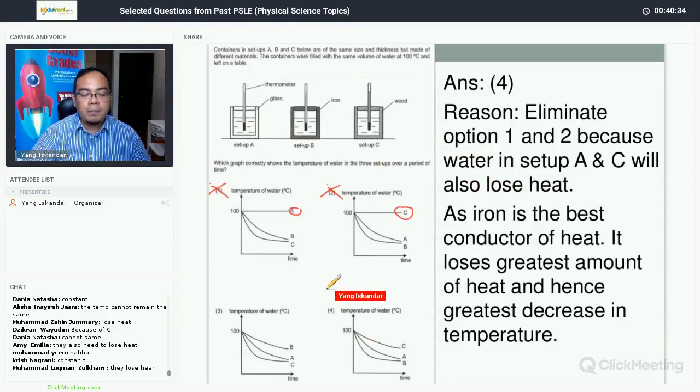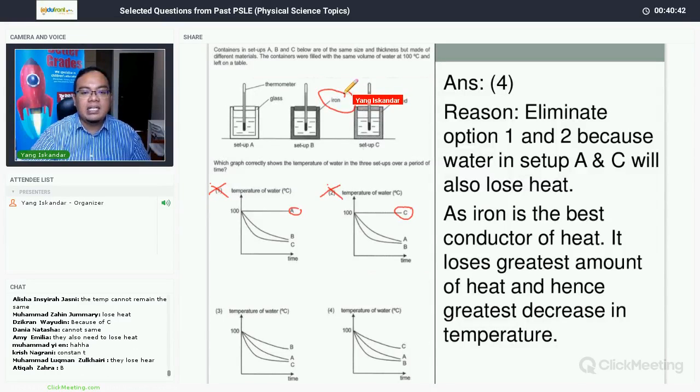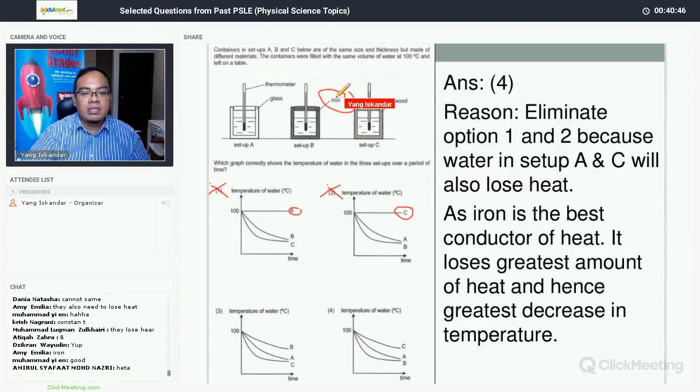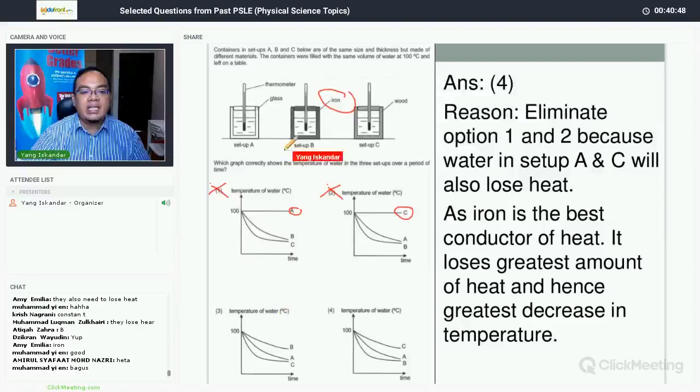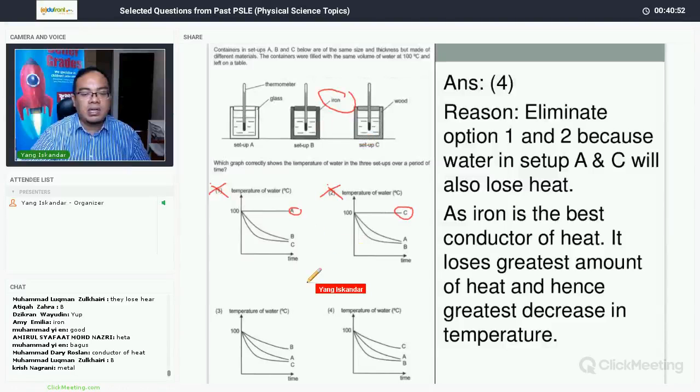Okay. Now, between these three, which one will lose the most heat? Obviously, iron, right? Because we know that iron is the best conductor of heat as compared to glass and wood. So the decrease in the temperature of water in setup B must be the most, right? So you can see here, the only possible answer is number 4, right?